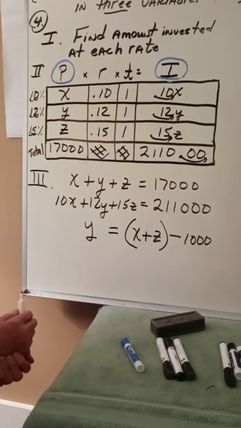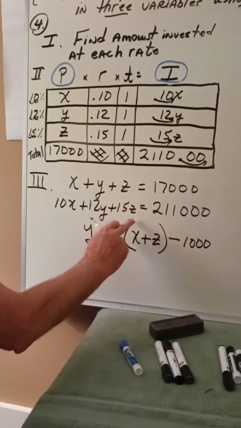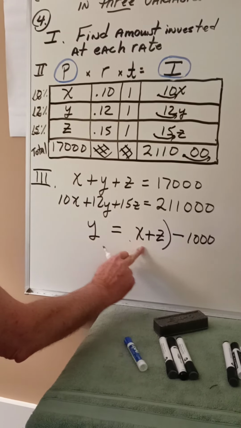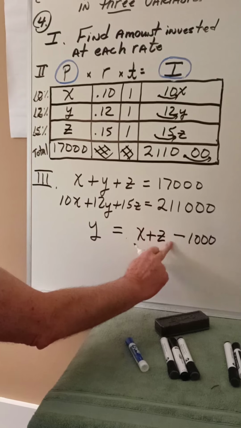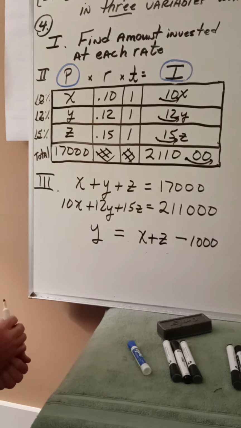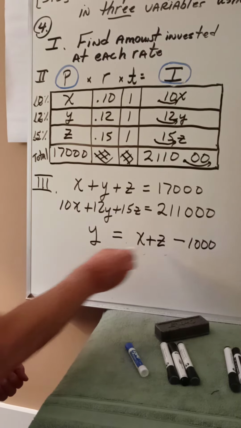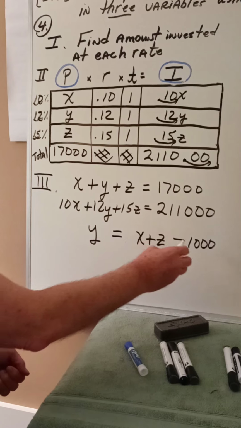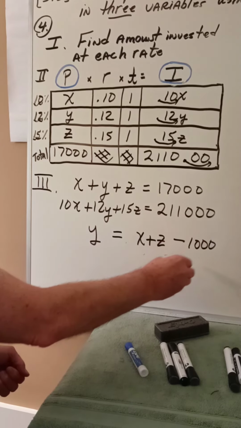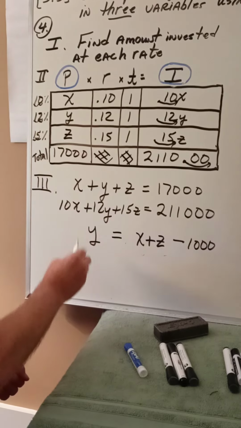As a matter of fact, now that you see the correct translation, we can get rid of them right now. We still followed the translation in the right way. Now let's get this y and move it over to the right hand side. And then we'll have to move that negative 1,000 back over to the left hand side. So I'm going to show that right here, and then we'll rewrite the system.